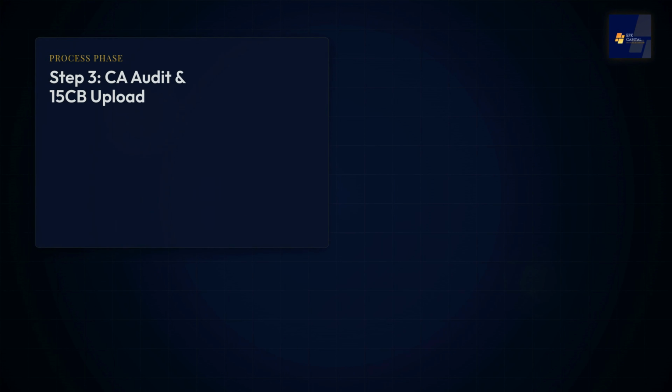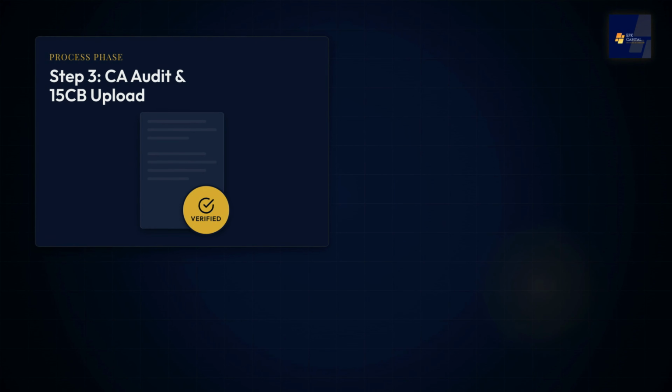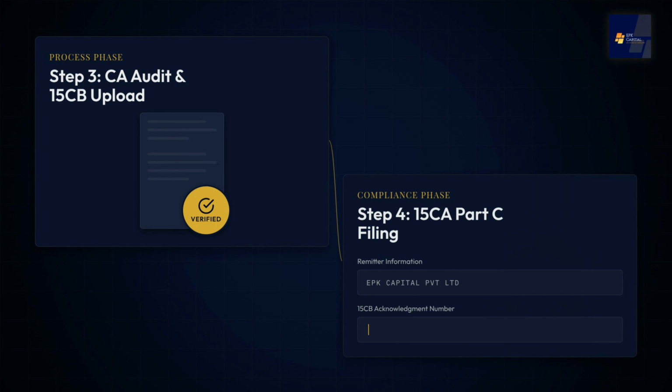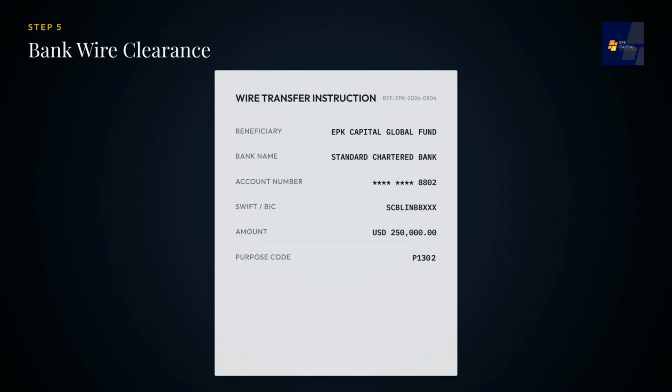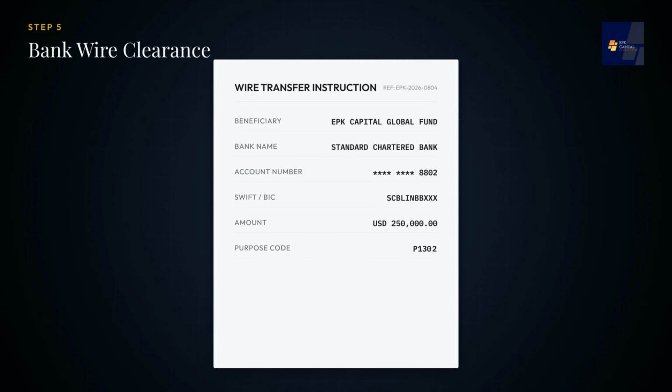Third, your CA verifies the tax computations, ensures appropriate tax deducted at source, or TDS, has been paid and uploads Form 15CB directly to the portal using their digital signature certificate. Fourth, you log in to generate Form 15CA Part C using the CA's 15CB acknowledgement number. Fifth, submit the digitally signed PDFs to your bank.